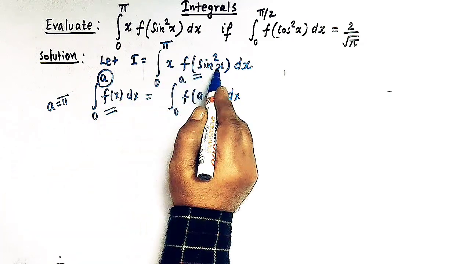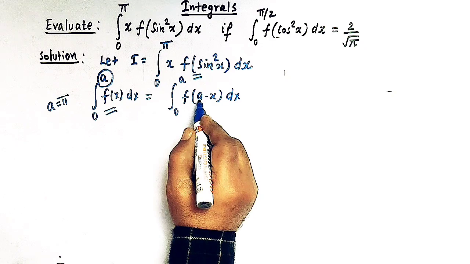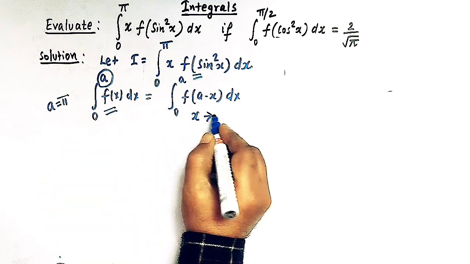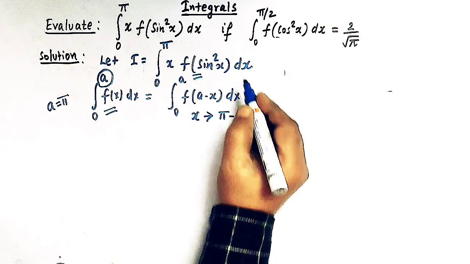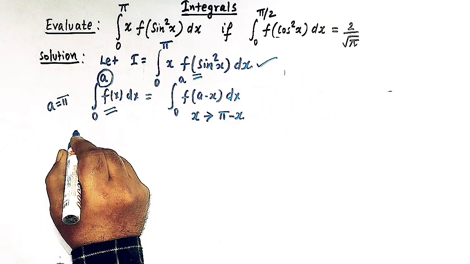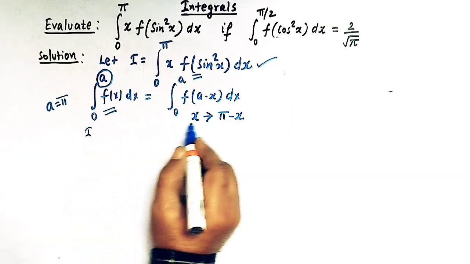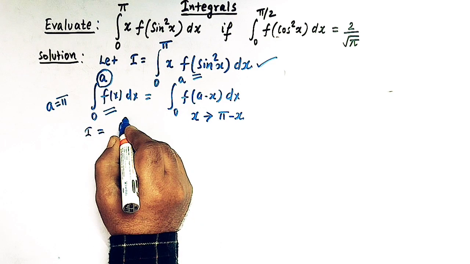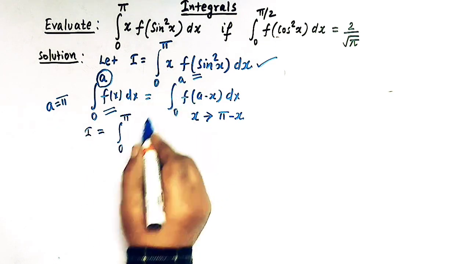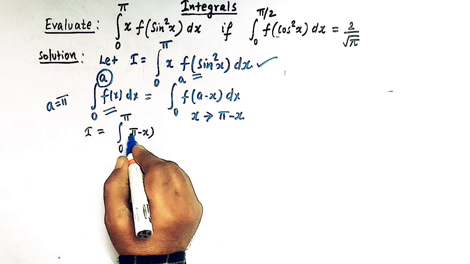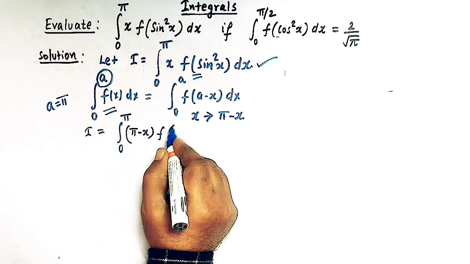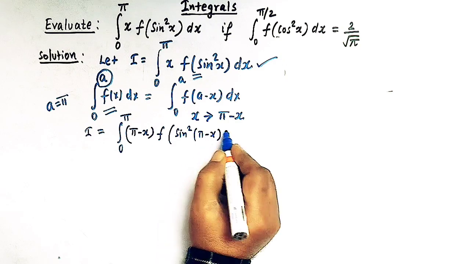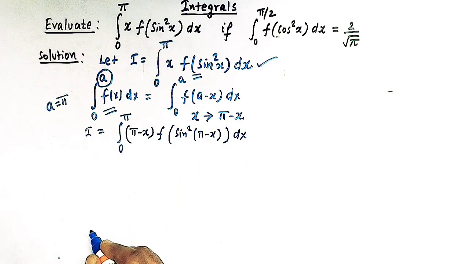So let us replace x by a minus x, and a is pi, so let us replace x by pi minus x in this integral. So we have now I is equal to 0 to pi, and this x is pi minus x, and then we have f of sine square pi minus x, and here we have dx, right?